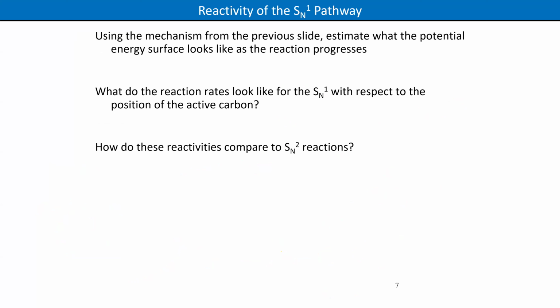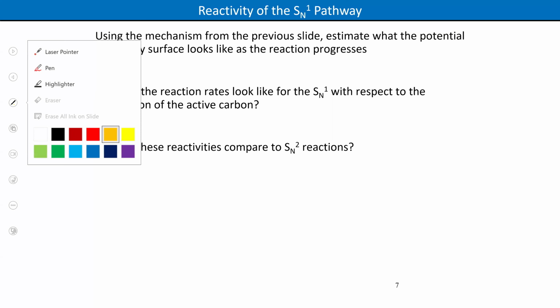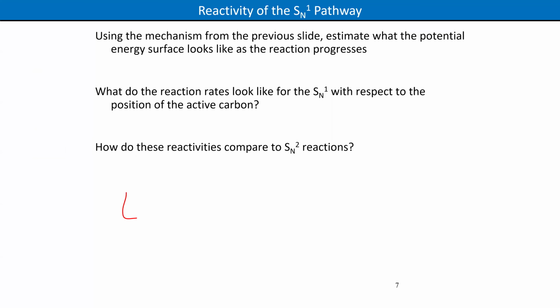All right, so based on that mechanism we just drew, try and draw a potential energy surface, the peaks and valleys. What is that going to look like for the reaction? Well, we know we're doing the stepwise one, right? For the stepwise one, yeah. We know that the leaving group leaving is going to be our highest peak.